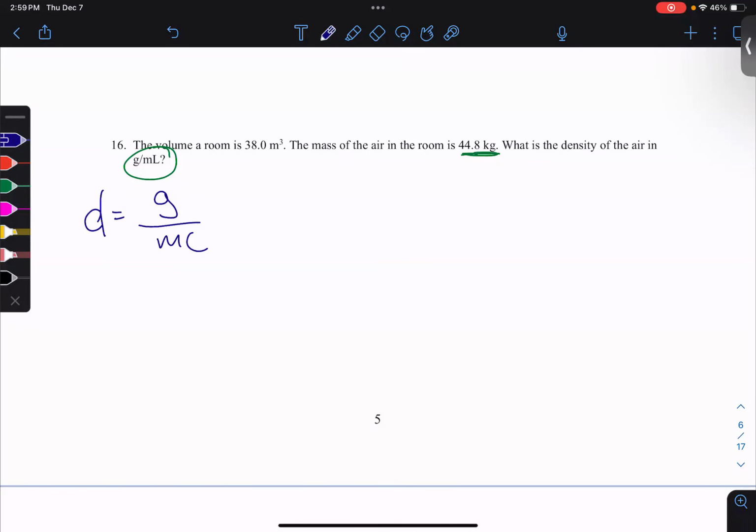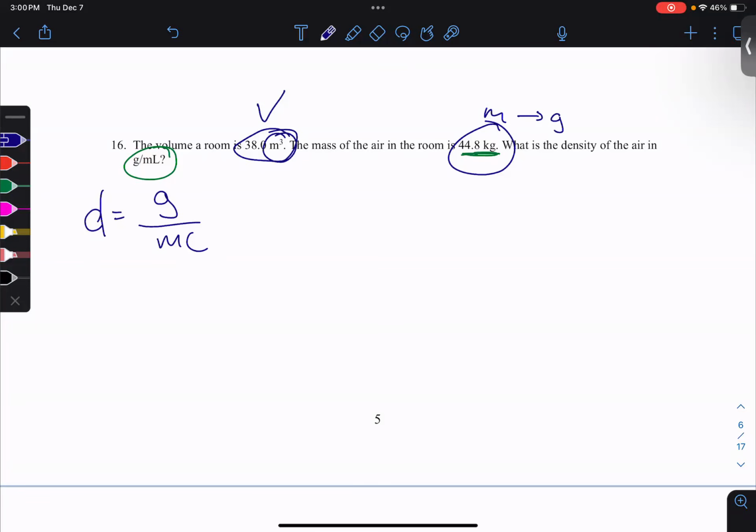That's our goal. Here's my volume, here's my mass. My strategy is to turn that mass into a gram amount. That's simple enough, kilograms to grams. But then what's the tricky one? Turning meters cubed to a milliliter. Yeah, that's the tricky one. So let's do the first one first.